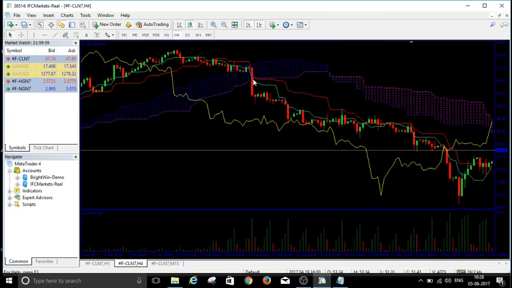This is a ceiling because the cloud is flatter. So we can stay in sell for long because we know that the Kumo ceiling is above the price action. So there will be very few chances of breaking above the cloud again. So we can stay in sell for long and see that the market fell.